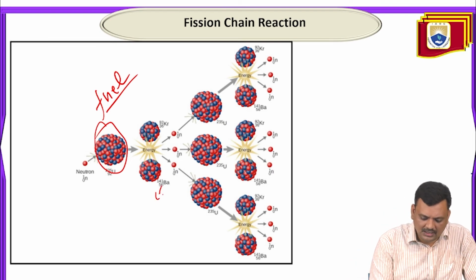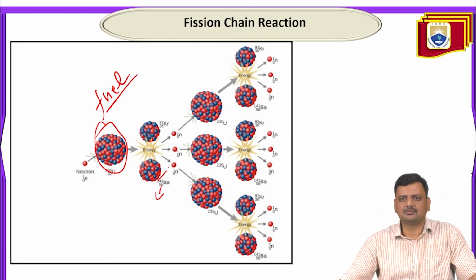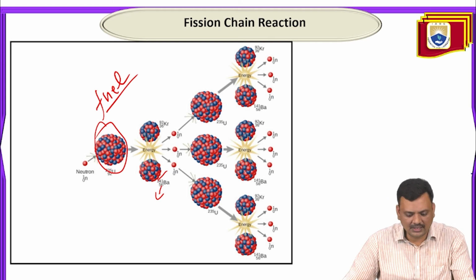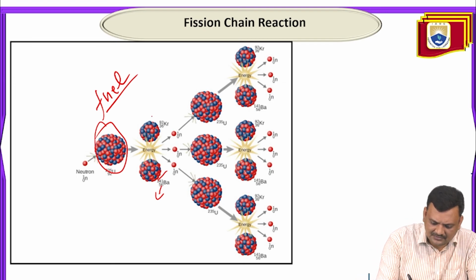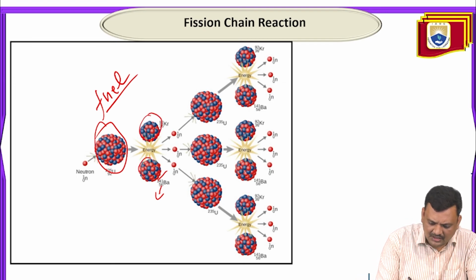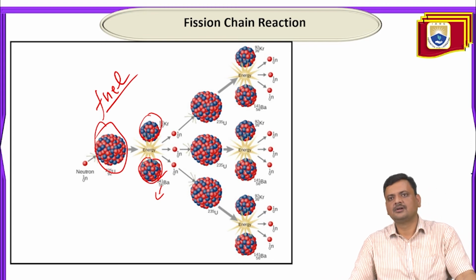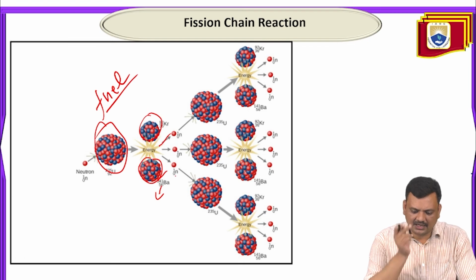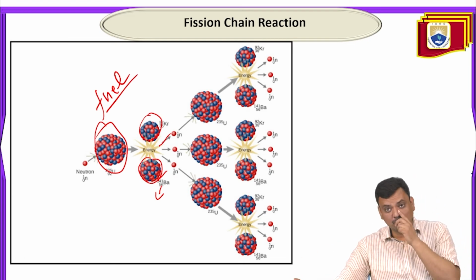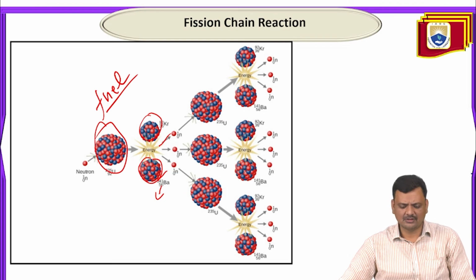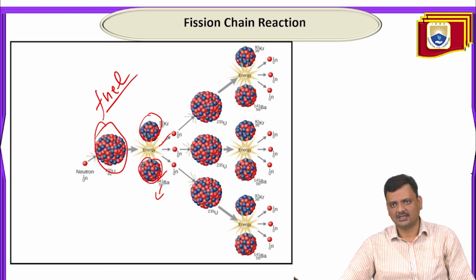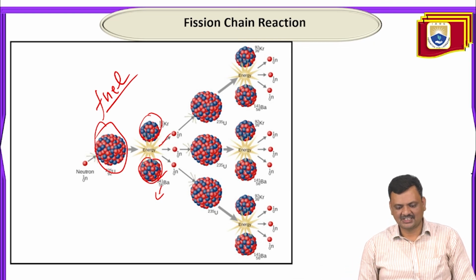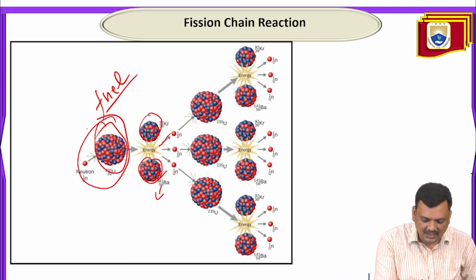What is written here is the atomic number, and what is written on the upper side is the atomic weight. Now in this krypton and barium, approximately 2.5 neutrons are generated. Here symbolically 3 neutrons are given, and these neutrons are again responsible for doing the same thing.